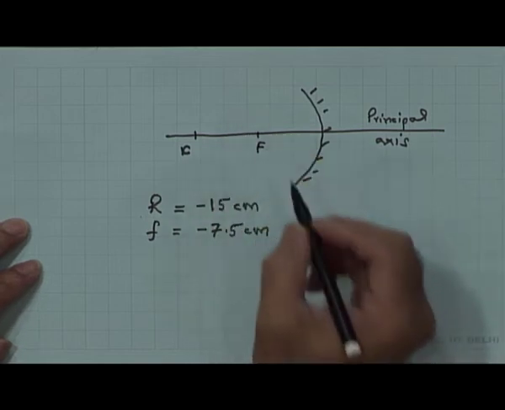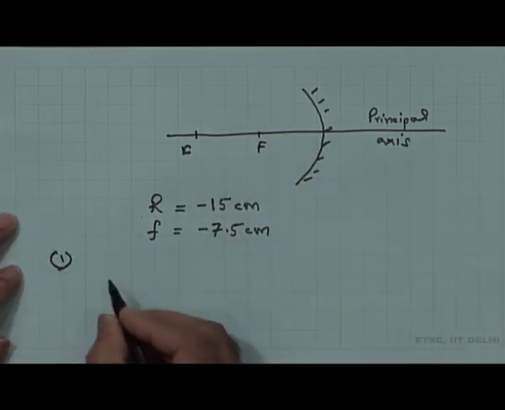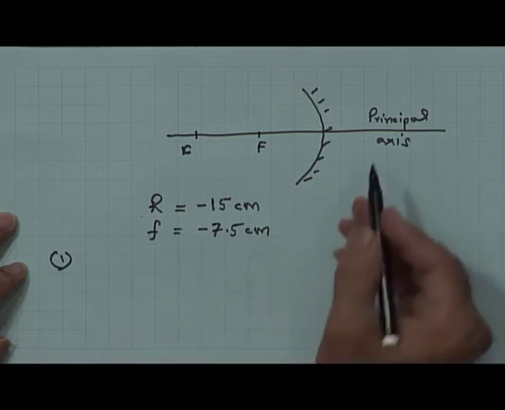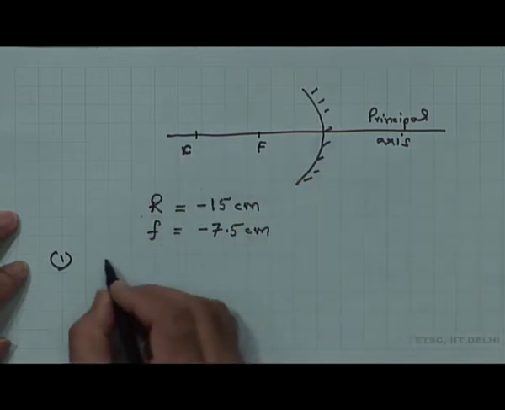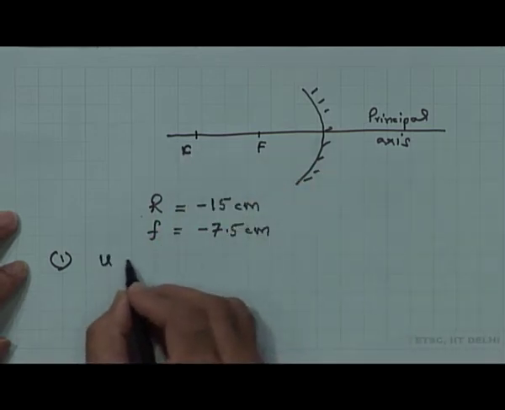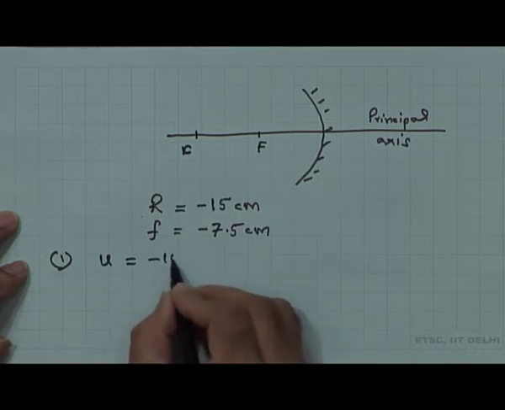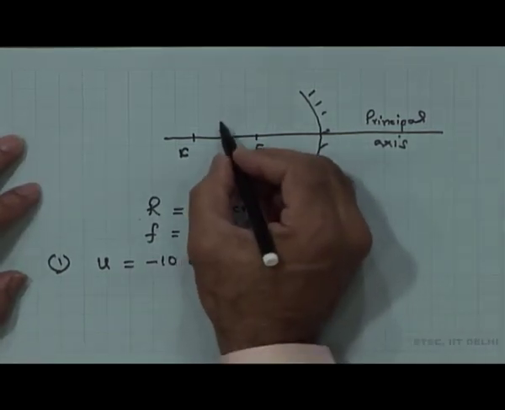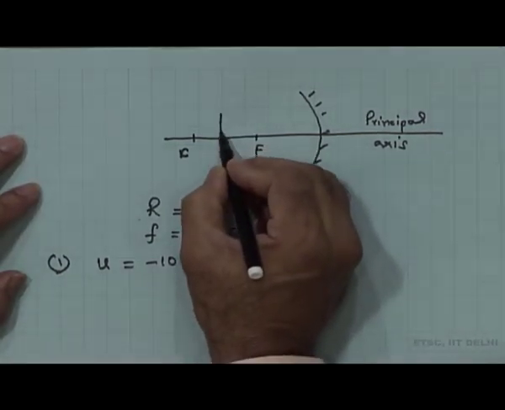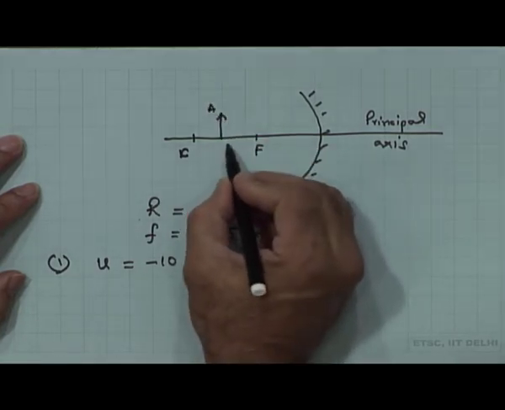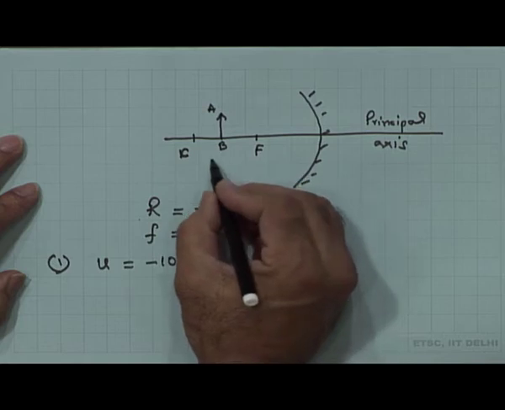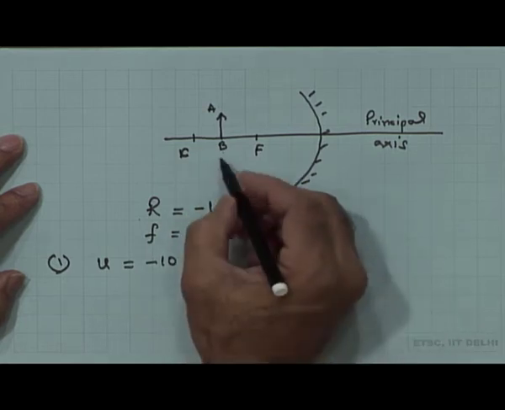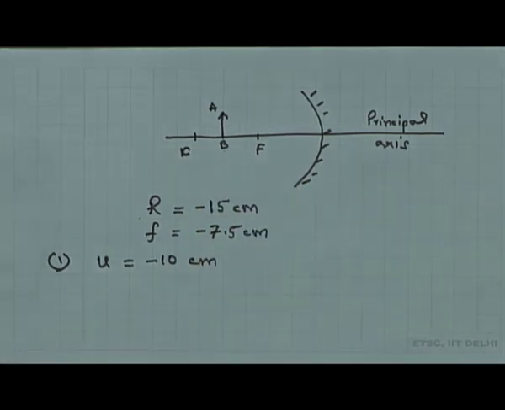The object is at 10 centimeter distance in front of the mirror, and therefore the object distance u is equal to minus 10 centimeter. So, the object is somewhere here. Let me take this as the object AB, and this point is minus 10 centimeter here.